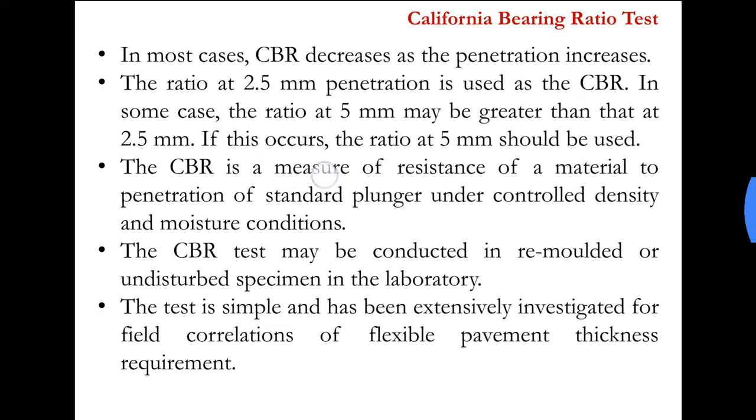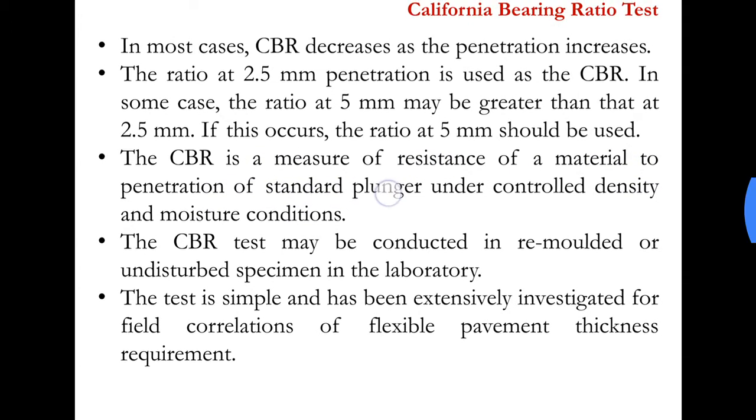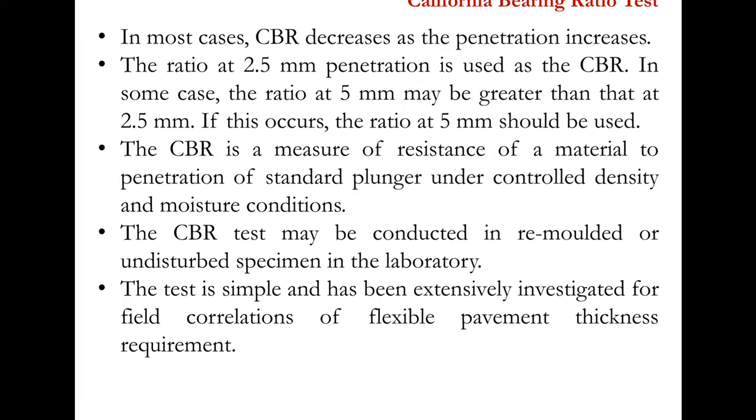The CBR is a measure of resistance of a material to penetration of a standard plunger under controlled density and moisture conditions. The CBR test may be conducted on a remolded or undisturbed soil specimen in the laboratory.